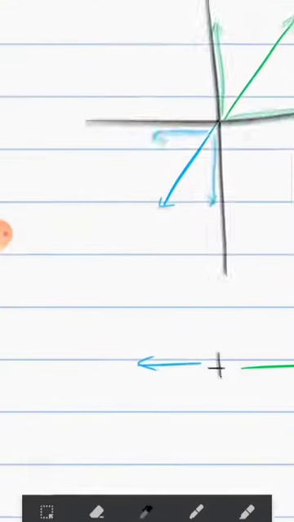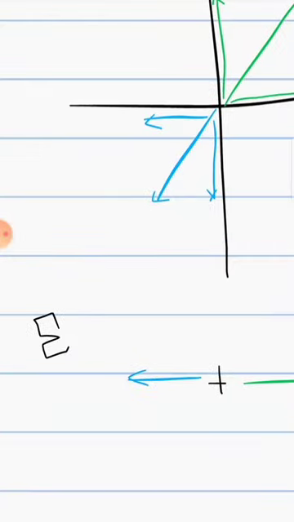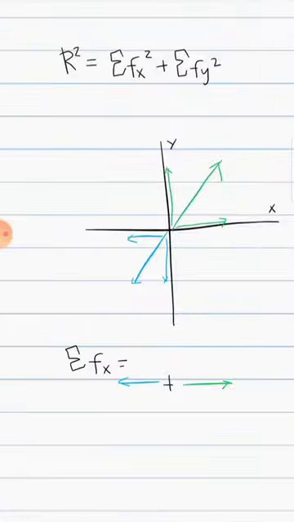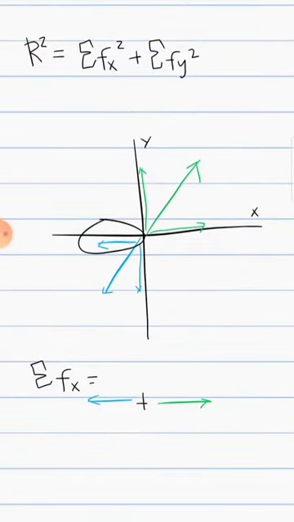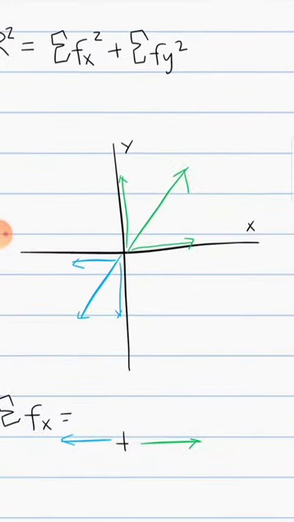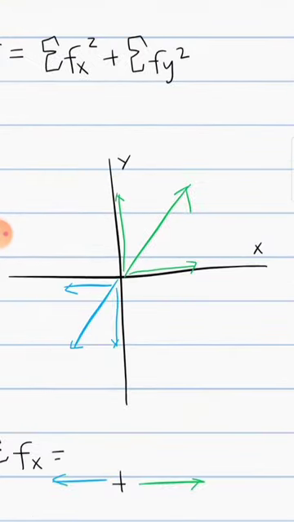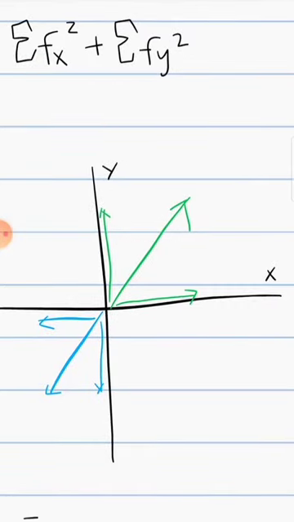This simply means the sum of all the vectors along this axis, because we cannot add this one directly to this one. I think a far more efficient way is breaking these forces down into their components.